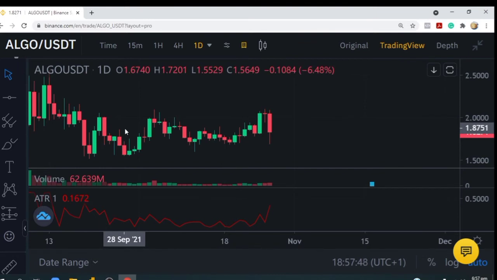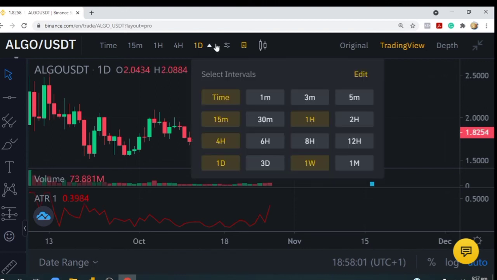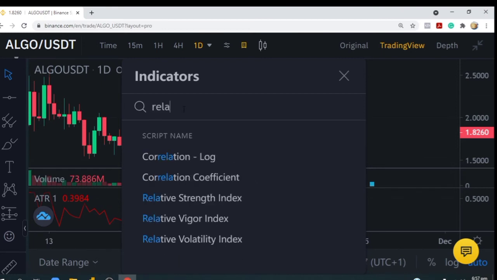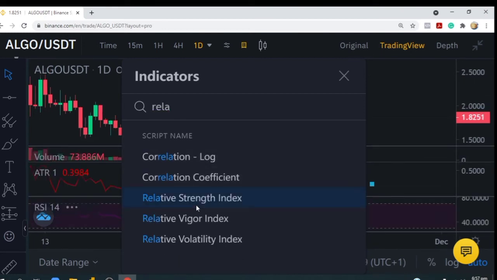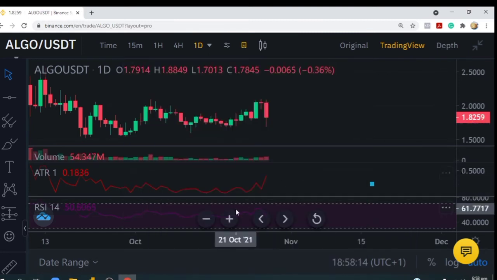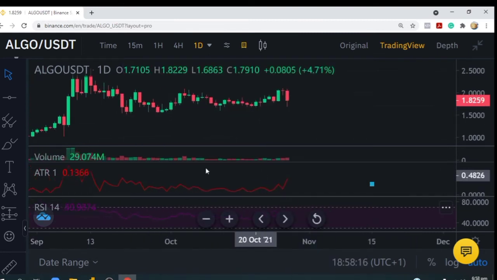And apart from that, you can also use an indicator called relative strength index. This relative strength index can tell you whether a particular asset is overvalued or undervalued. Okay, so we can go to technical indicators here and search for relative strength index, and then we can put it on the chart, and it will show us here.